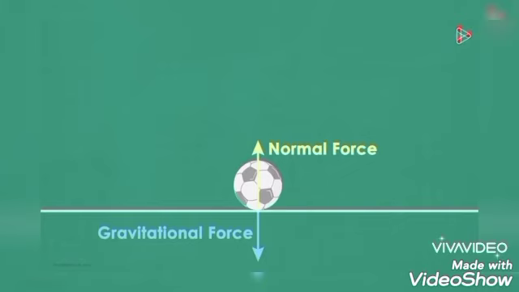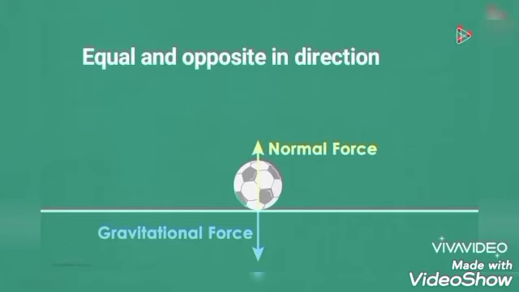So the ball does not move upward and does not move downward. The normal force and gravitational force are opposite in direction and also equal. So we can say that the normal force and gravitational force are balanced here.